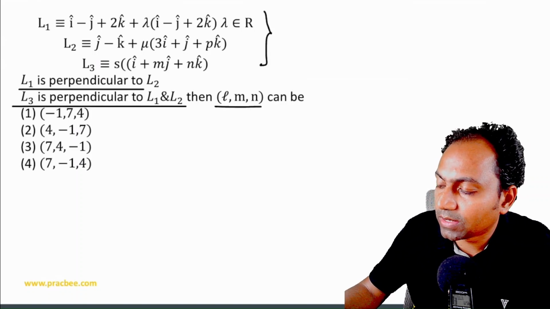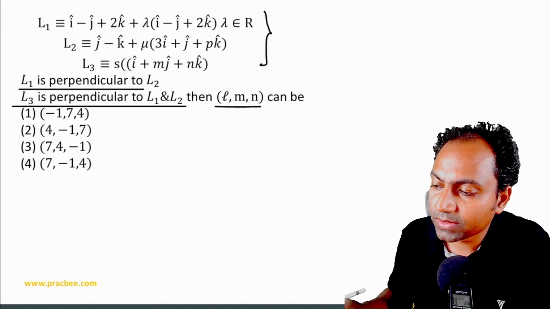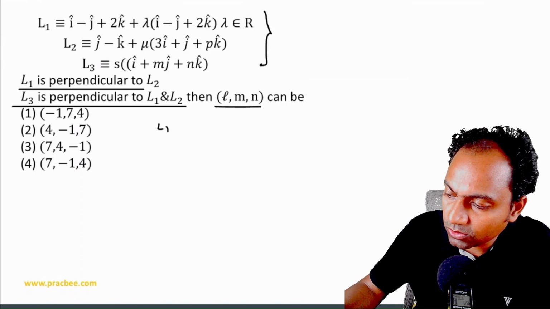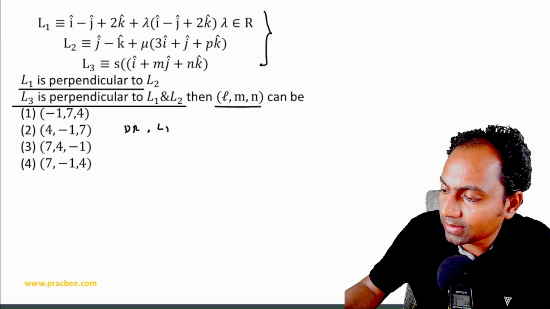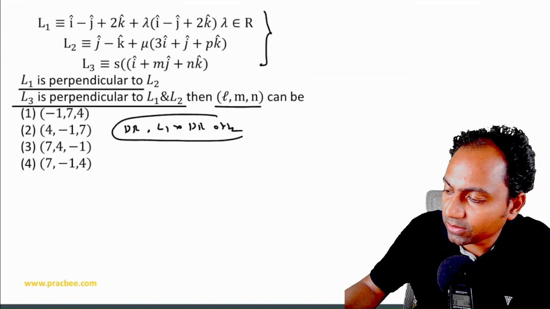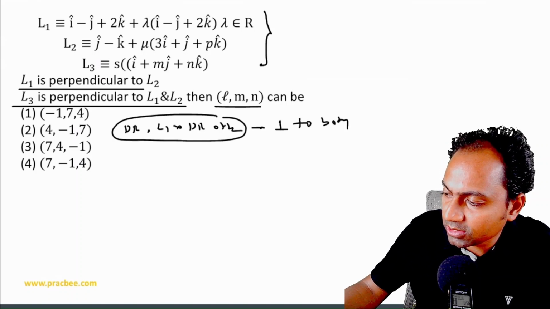Then find the value of LMN. So you can see that since L3 is perpendicular to L1 and L2, if I take the direction ratios of L1, DR of L1, and then I take DR of L2 and cross multiply them, I should get a vector that is perpendicular to both.